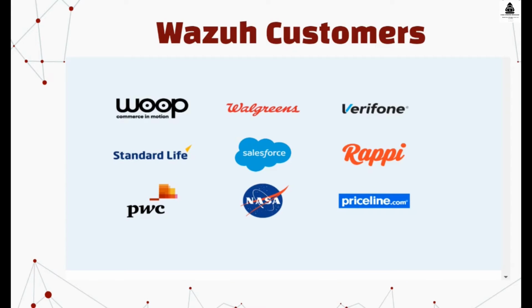There are some customers using Wazuh, like NASA, a very big name. Most of this industry you can see here is from the USA. So you have seen that the industry standards providing regulatory compliance are from those countries.